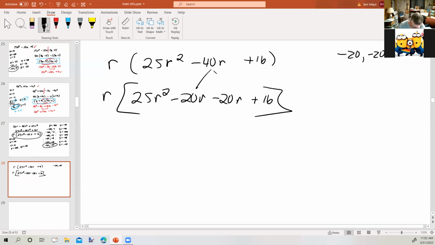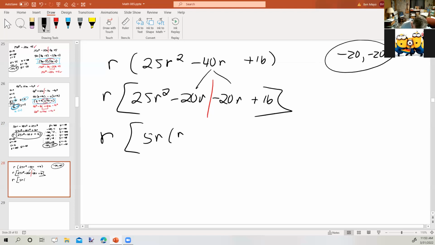Okay, splitting that middle term into two terms whose coefficients are the two numbers that we found that satisfy the product and sum condition. Now, using factoring by grouping, we have an r outside, and then inside we have what? 5r times r minus 4, and then r minus 4.